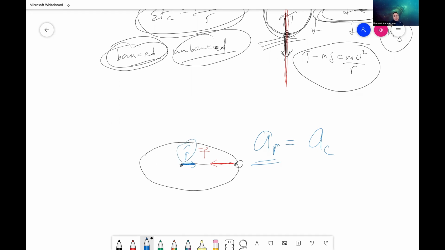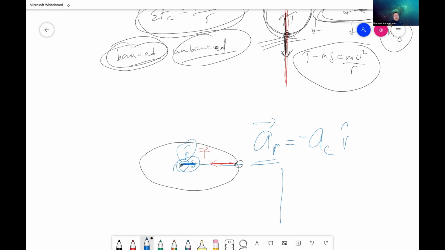That's why there's a negative there. Negative just means it's in the opposite direction of r hat, because the r hat vector always points from the central point toward the object. You draw a line from the center to the object, and that's your r hat vector.